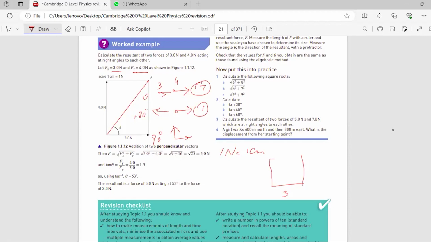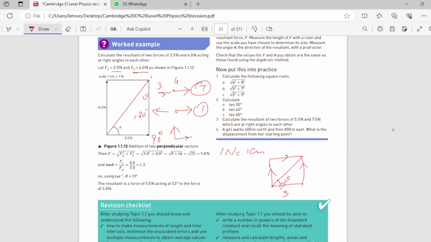So we construct the parallelogram, and the vector joining the tails towards the head is called the resultant. We find its length, and hence we are able to find the resultant vector. By using the protractor, we can find the angle.